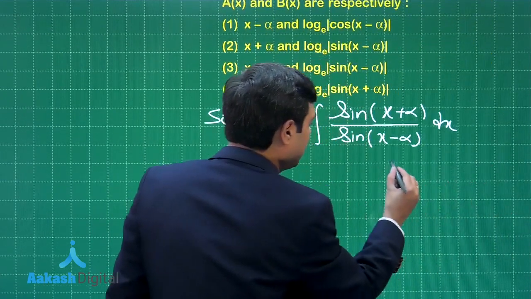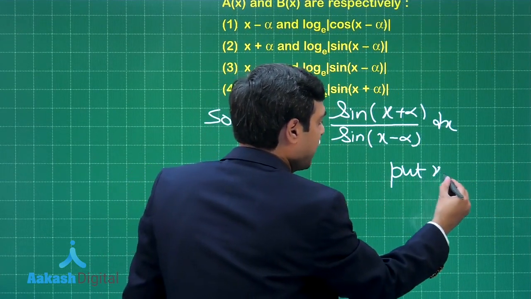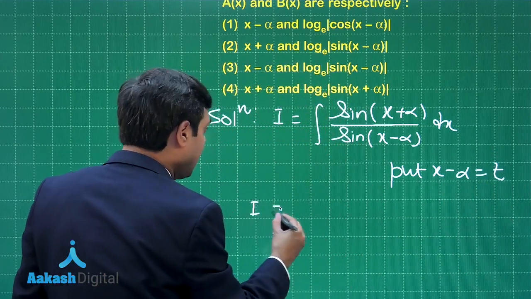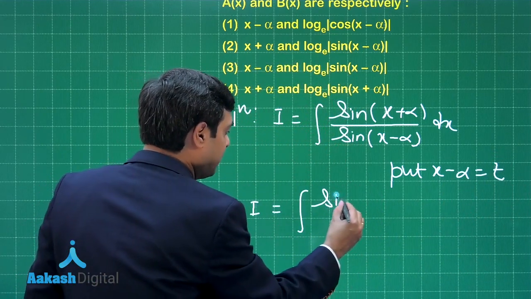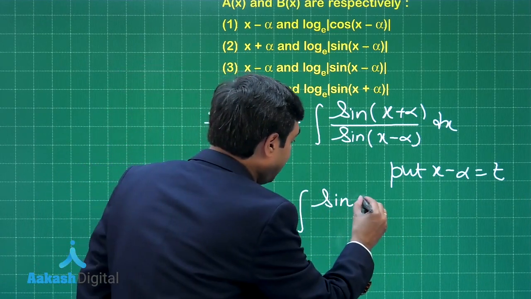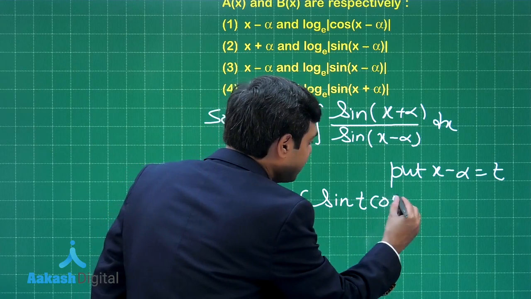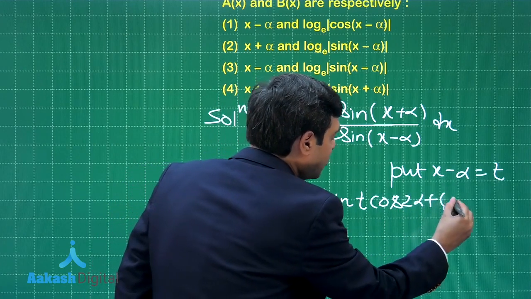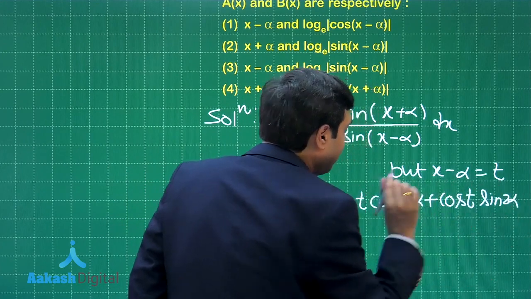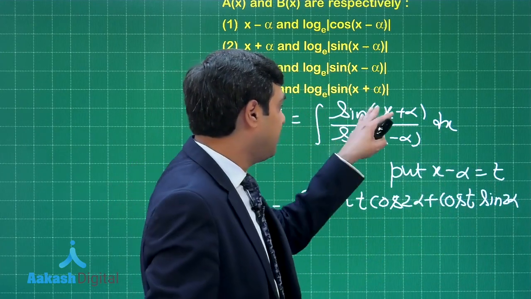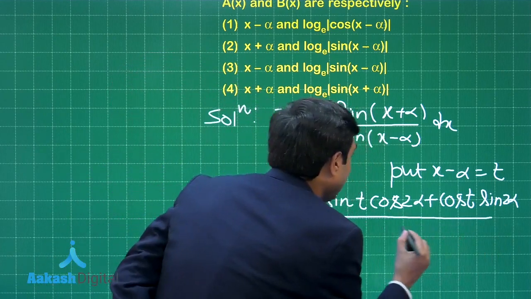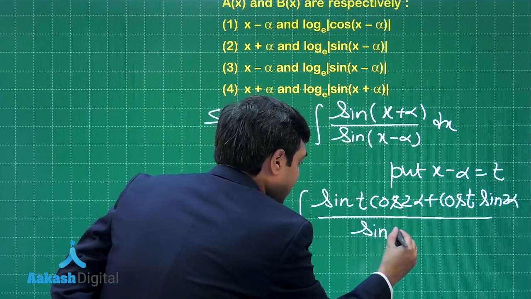Here you can put x minus alpha as t, so that the integral becomes sine of x, which is t plus alpha. So you can write here sine t cos 2 alpha plus cos t sine 2 alpha, right? What I did, x equals t plus alpha, so we have sine of (t plus 2 alpha) divided by sine t.